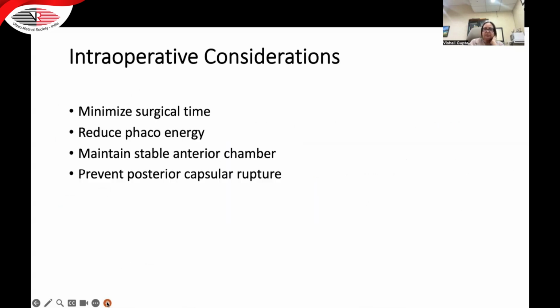Minimize surgical time, reduce phaco energy, maintain stable anterior chamber, and as far as possible, prevent posterior capsule rupture, meaning we need a very experienced surgeon for these eyes.